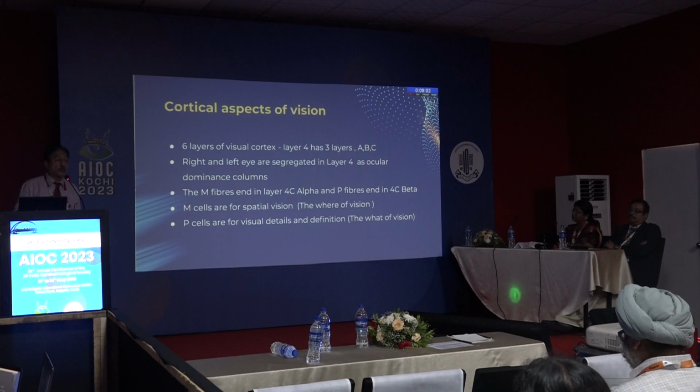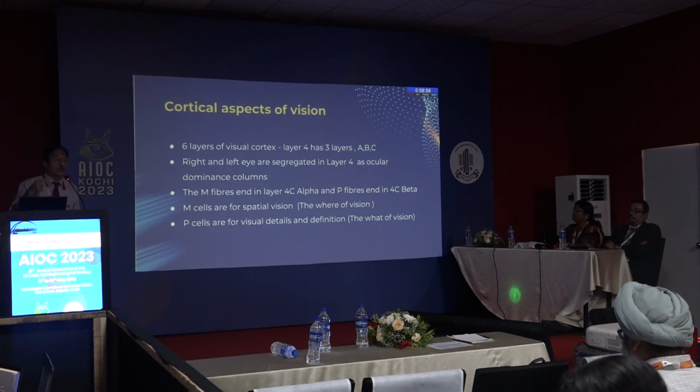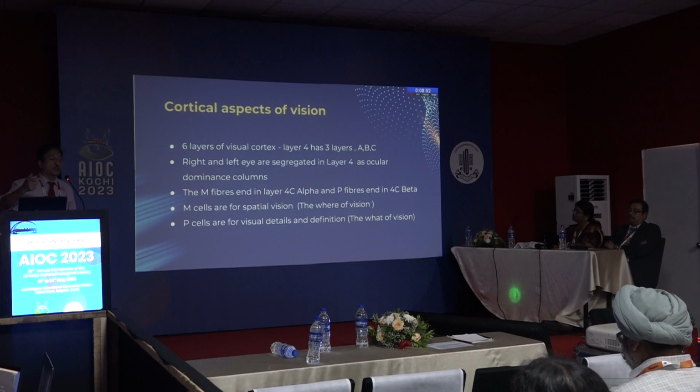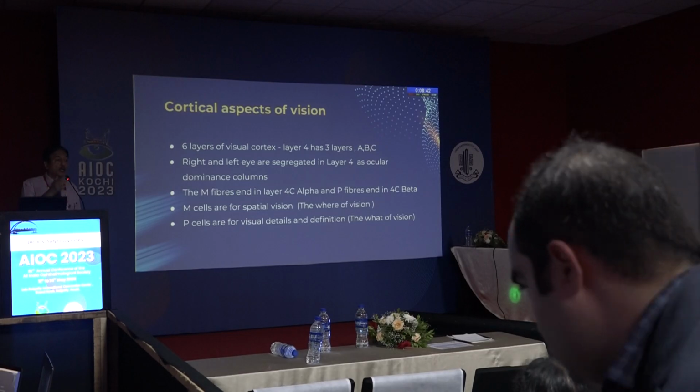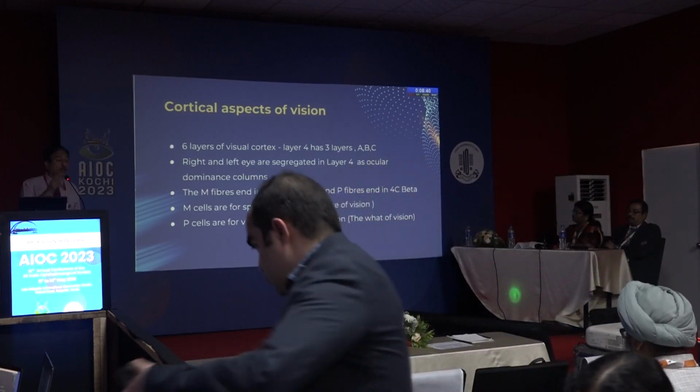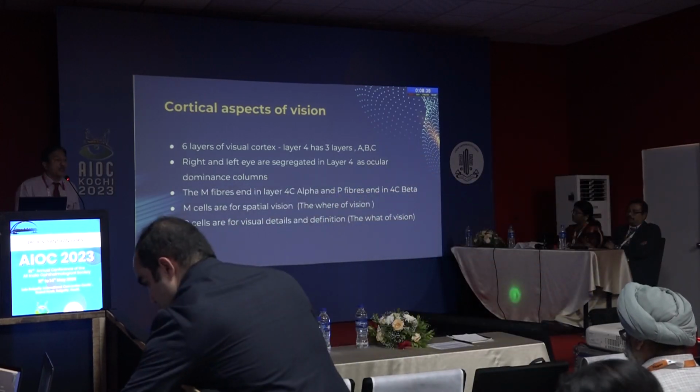6 layers, I have already told you. Layer 4 has A, B, C, and C has again alpha and beta. In alpha goes the movement and position of the object, and in beta go the other aspects of the object. Now, right and left eye are segregated again in layer 4C, alpha and beta. The right and left eye are completely segregated.